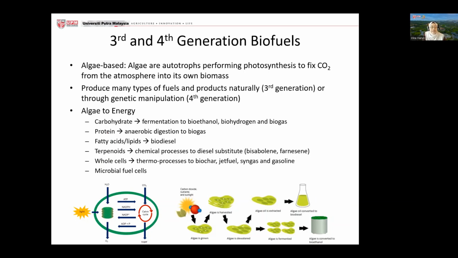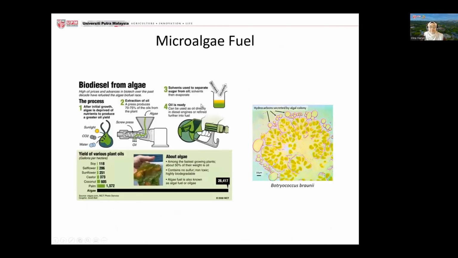That is why it is very, very interesting. And even just now I was talking about lipid. There's even types of algae that can secrete oil from its biomass.